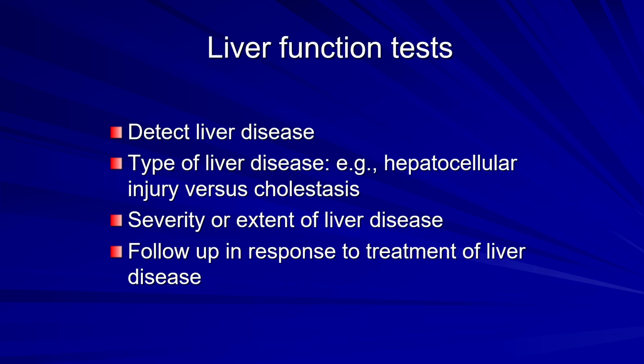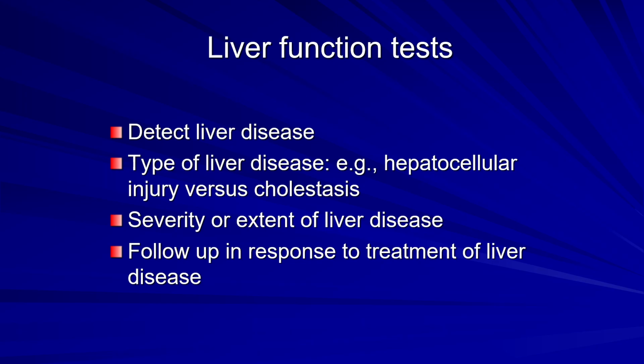After the history and the physical examination, we will discuss now the interpretation of liver function tests. Those tests are used to detect the presence of liver disease, to help us determine the type of liver disease.